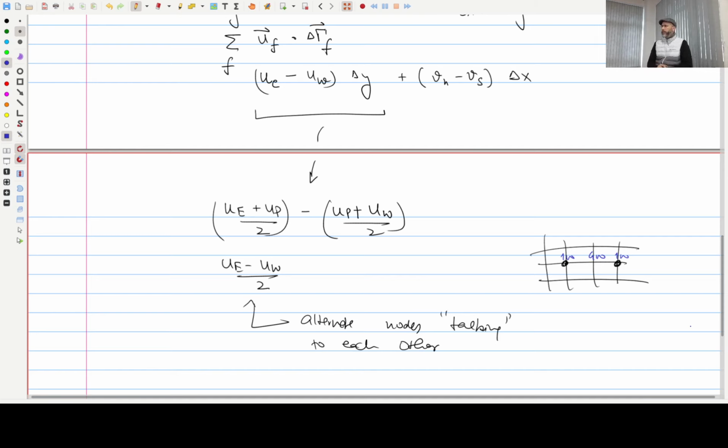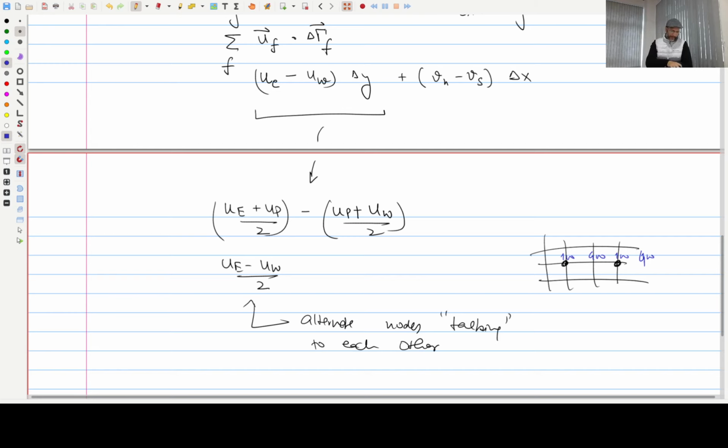The way we are implementing it, u on the eastern face, 100 minus 100 divided by 2 is 0. Similarly, if you have a 400, then 400 minus 400 divided by 2 is 0. But this is not uniform. This velocity profile that we are getting is not what we expect. We expect the velocity to be the same everywhere.